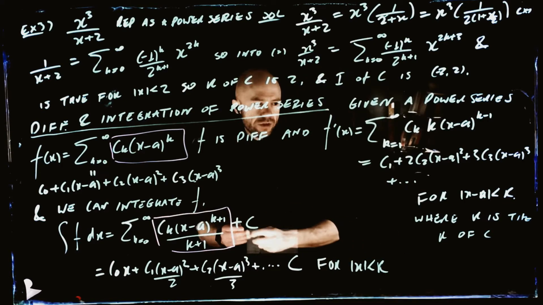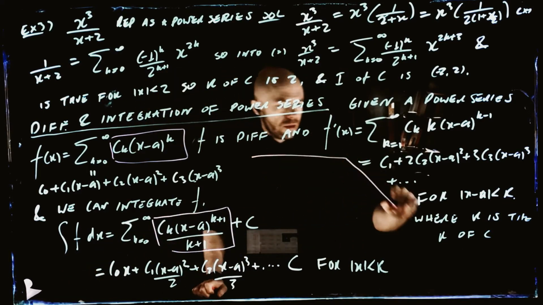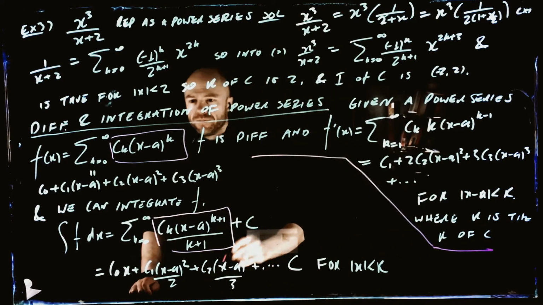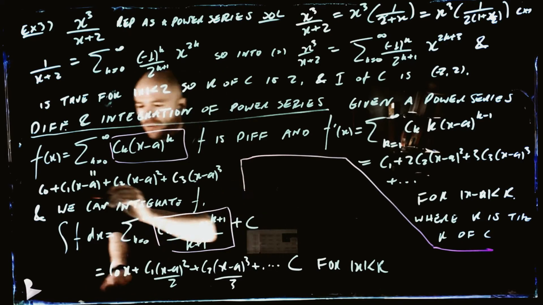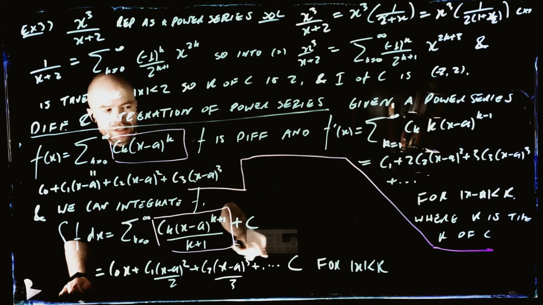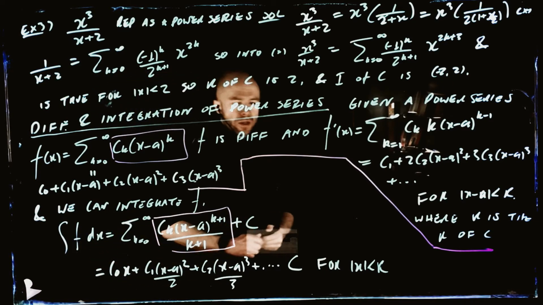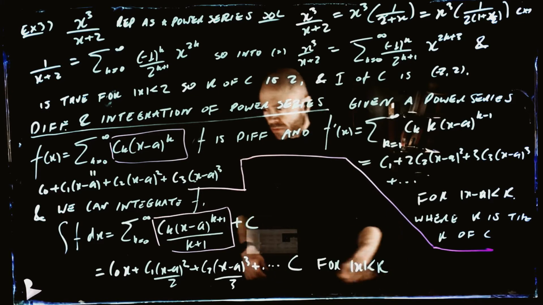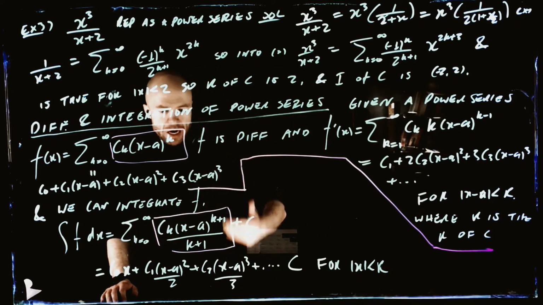So my two halves of the theorem somehow spread out a little bit. This is the first half up to here: differentiation. The second half is that we can integrate. Cool. All right.